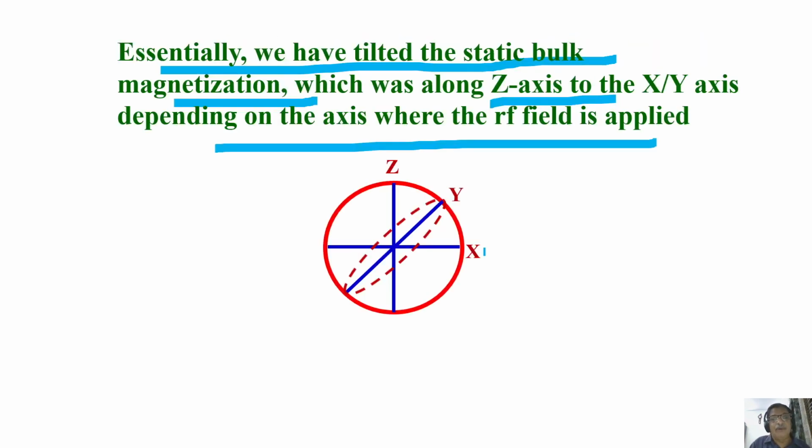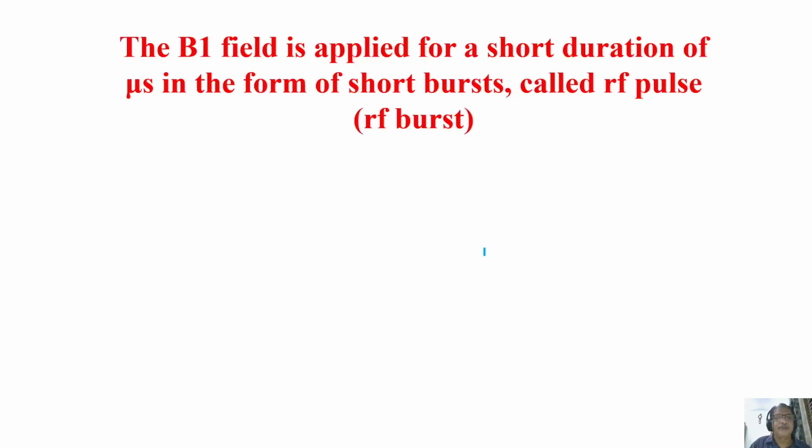So it means in the B1 magnetic field, we are worried about the precession frequency around B1. We are not worried about the frequency of the order of megahertz. We are worried about the rotational or precession frequency of the order of a few kilohertz.